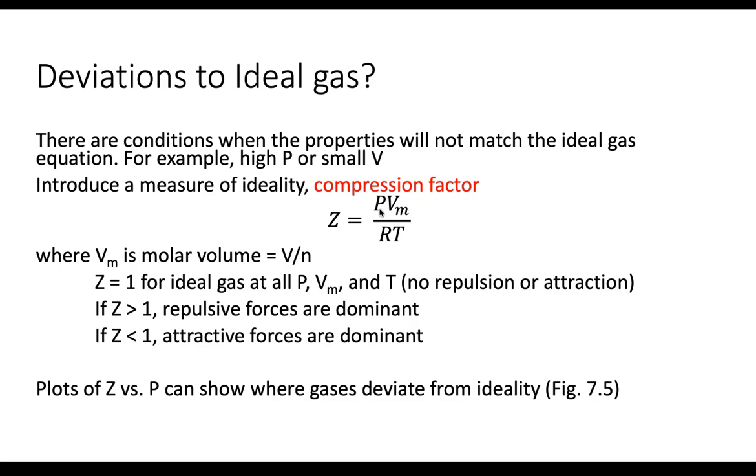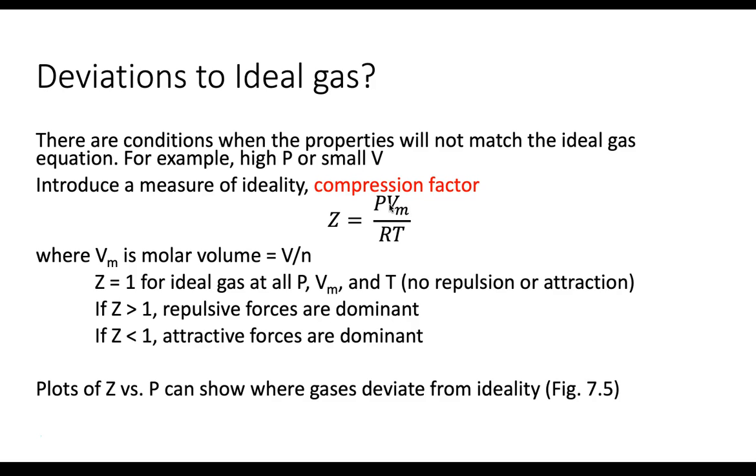They're making their volume larger than it should be if it were an ideal gas. So for Z greater than 1, repulsive forces are dominating, and likewise less than 1, right? So that means the numerator in this expression is smaller than what you would expect for an ideal gas, and if Z is less than 1, the attractive forces are dominant. So it's pulling it, making the volume smaller than it would be if it were ideal.